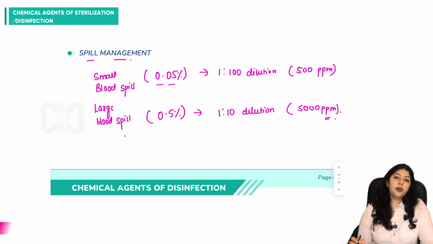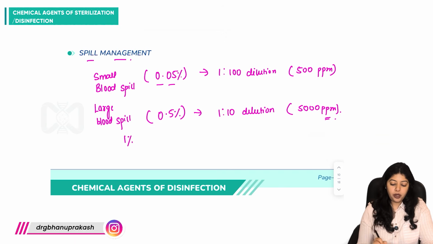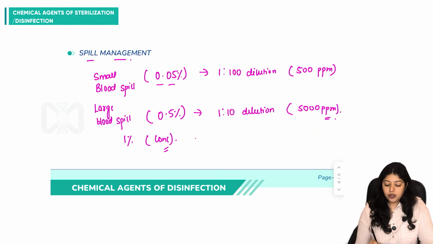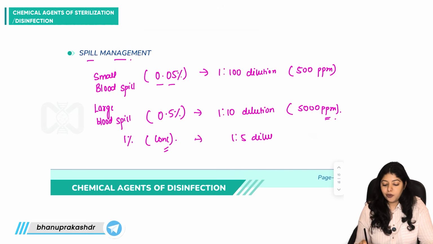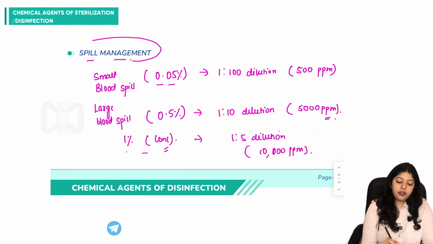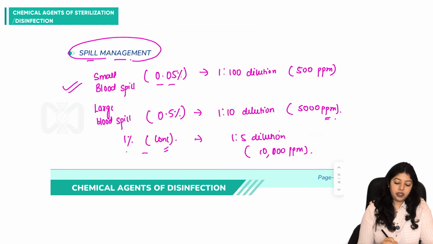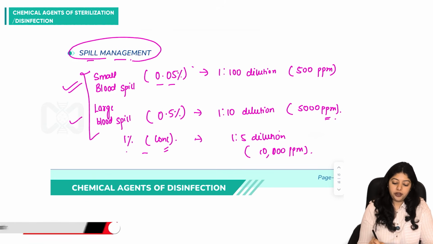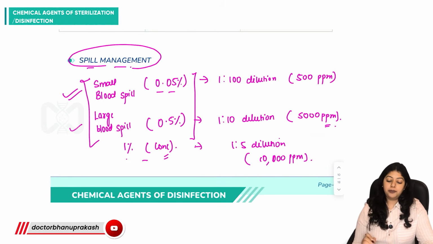And for liquid waste disposal, we require 1% concentration of sodium hypochlorite, which is 1:5 dilution, or it is 10,000 ppm. But majorly when we talk about spill management, we are talking about smaller and larger blood spills.